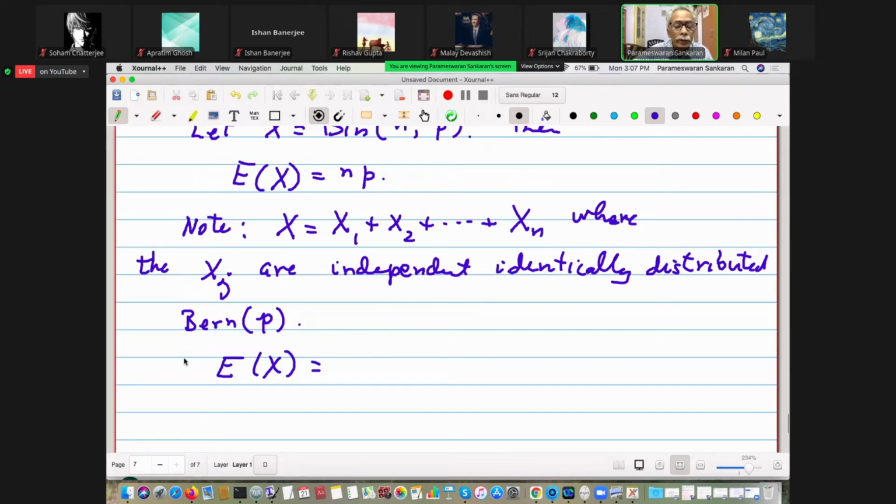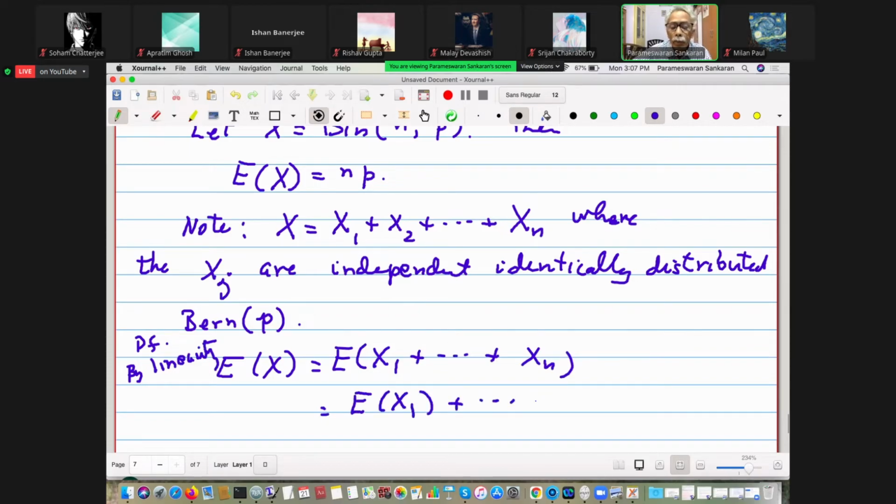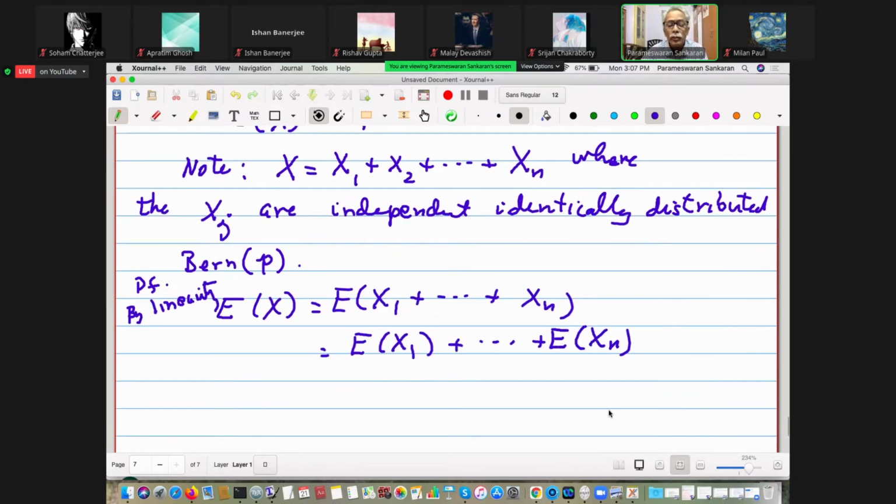So by linearity, this is equal to the expectation of all these, that is E of x1 plus and so on. And each one of these is p because each one of them is Bernoulli with the same parameter. So this is np.